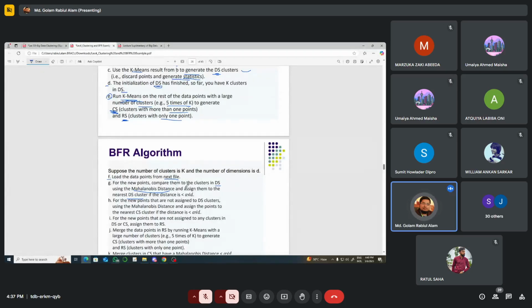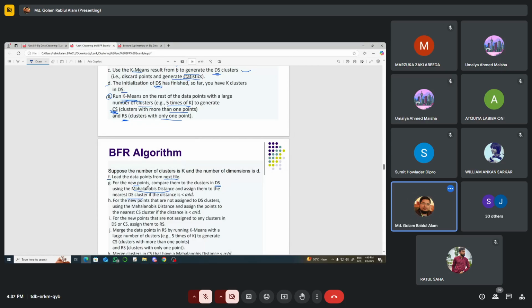The Mahalanobis distance finds specifically the distance from a point to a distribution. Here the distribution is our DS cluster. We already calculated the centroid of that, and how far the centroid is from this data point, we can calculate using the Mahalanobis distance.